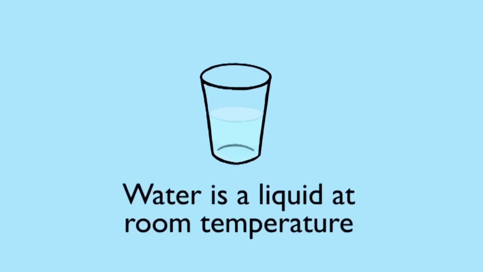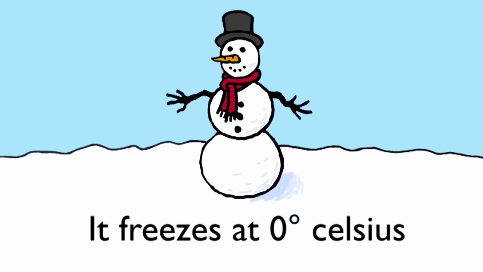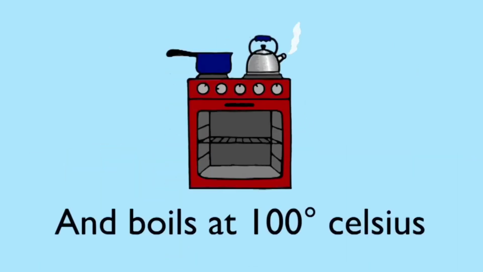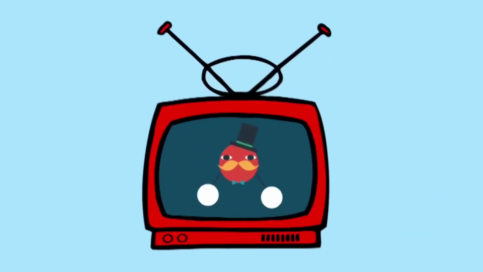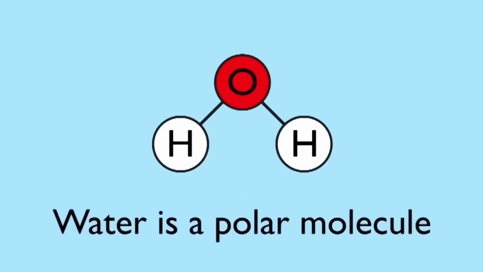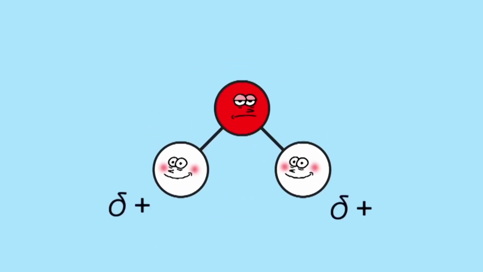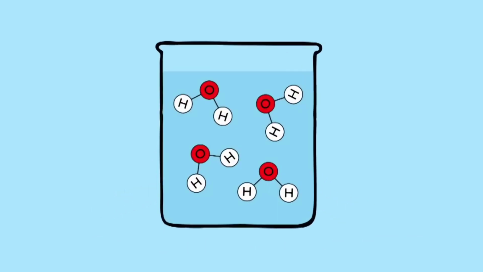Water is a liquid at room temperature. It freezes at 0 degrees and boils at 100 degrees at standard pressure. But have you ever wondered why the boiling point of water is higher than, for example, methanol? Well, you might know from this video that water is a polar molecule with slightly positively charged hydrogens and slightly negative oxygens. Imagine a bunch of water molecules in a beaker.